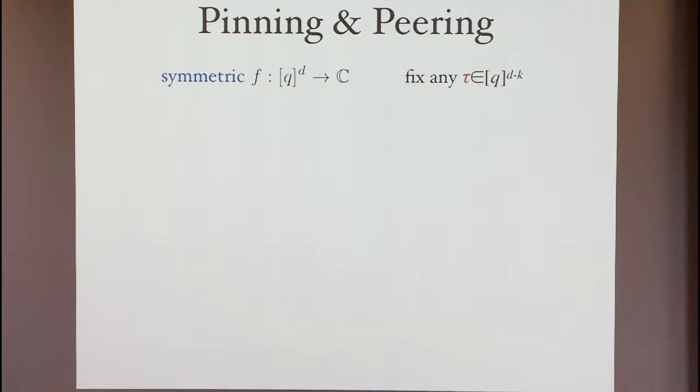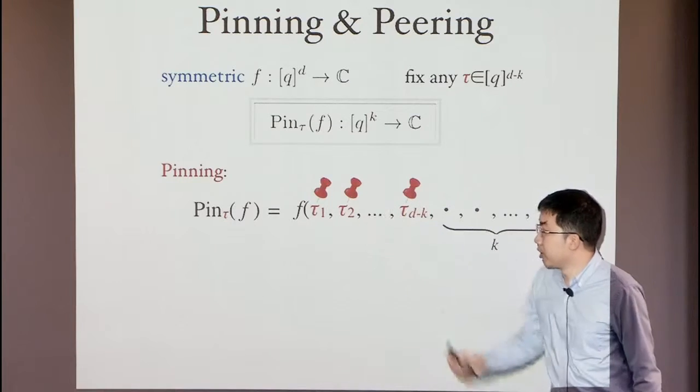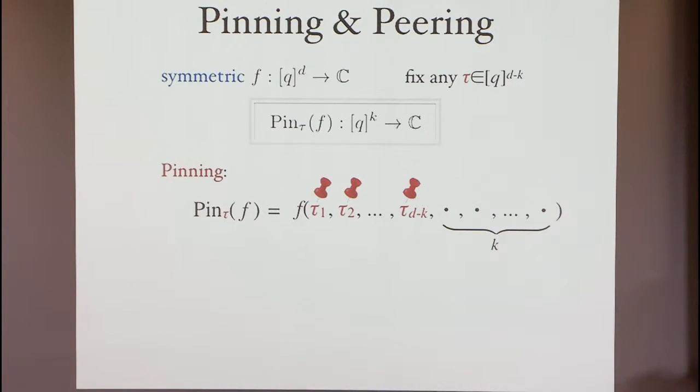So for now, we just assume our signature is a symmetric function. For any partial assignment tau, we can pin this function with this partial assignment, which means we fix the values of these variables according to tau. This gives us a new k-ary function, also a symmetric function.